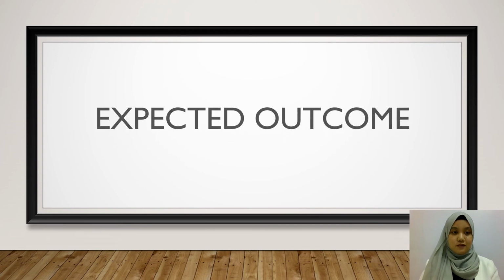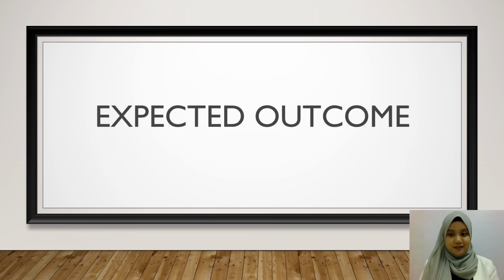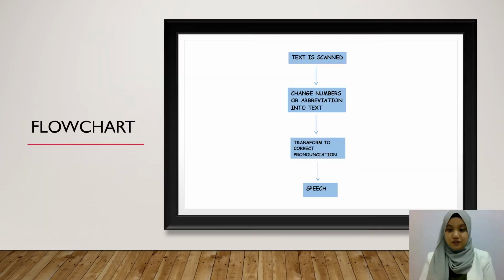So we see the expected outcome from this project. For the expected outcome, the flowchart is shown in this slide. First of all, the input text is scanned using a printer or anything, or maybe we can take a picture. And then the text will have all the numbers or abbreviations and short forms changed into text.